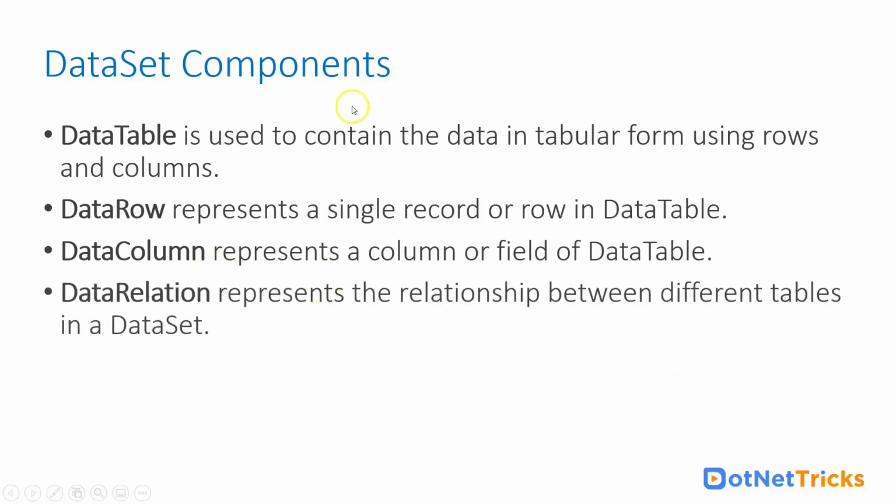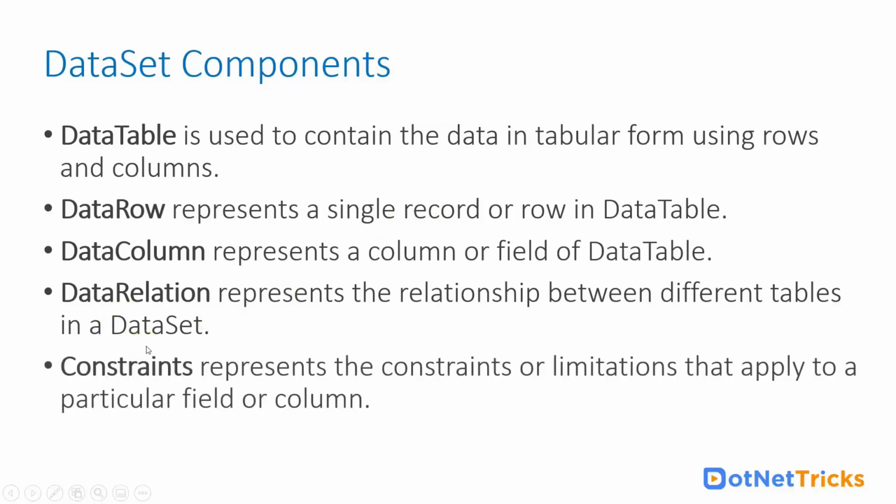We can have a relationship between two data tables combined into a data set, mirroring the relationship in the data source, which we can use to create a logical relation. We also have constraints or limitations that can be applied to a particular field or column, especially in the data table itself.